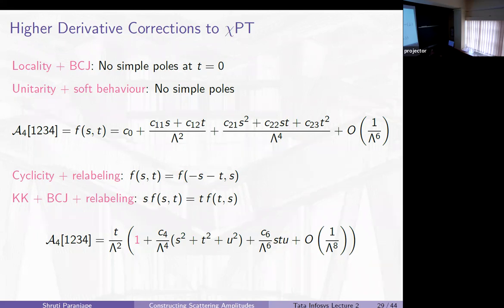So you place all these constraints and you get this answer over here. Actually, there was no reason to use the soft behavior. The reason I said soft behavior is because in a generic coset sigma model, you don't get soft behavior. It's only in a particular coset sigma model.